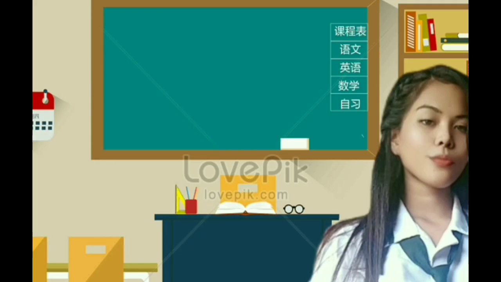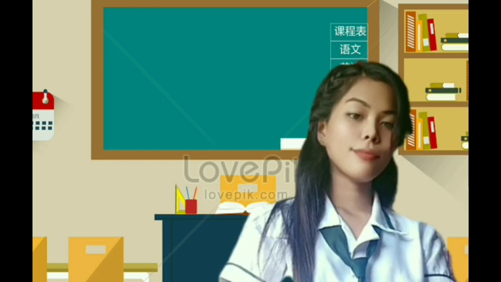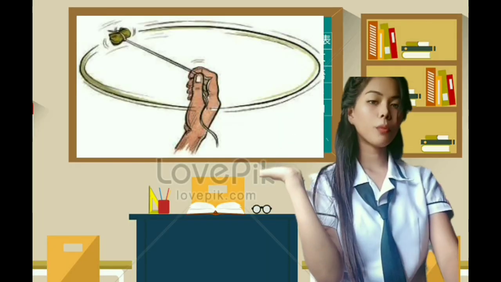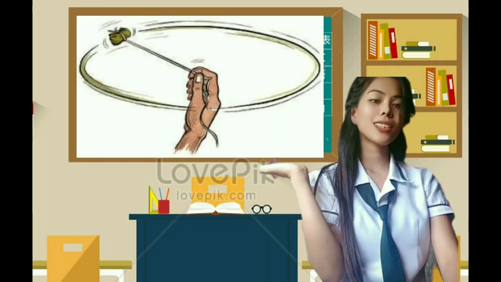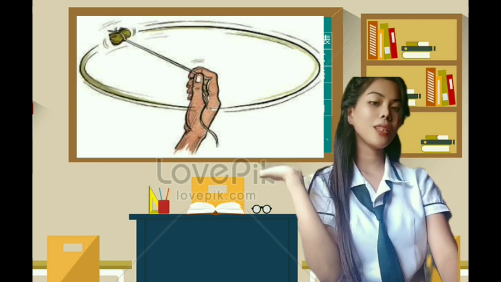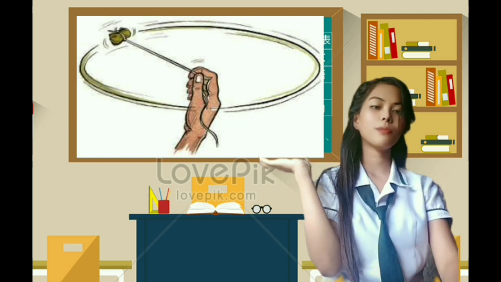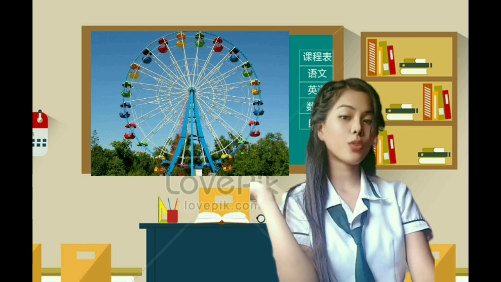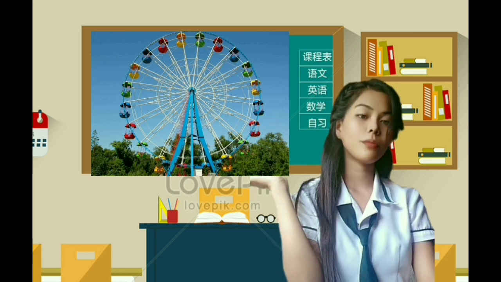So these are examples of circular motion in daily life involving a centripetal force. Number 1, ceiling fan blades rotating around the hub. Number 2, a stone which is tied to a rope and is being swung in a circle. Number 3 is a Ferris wheel.